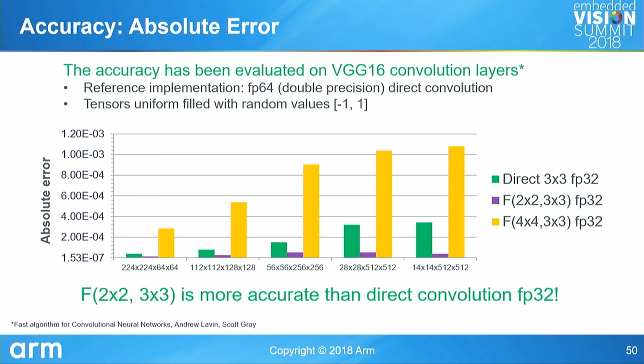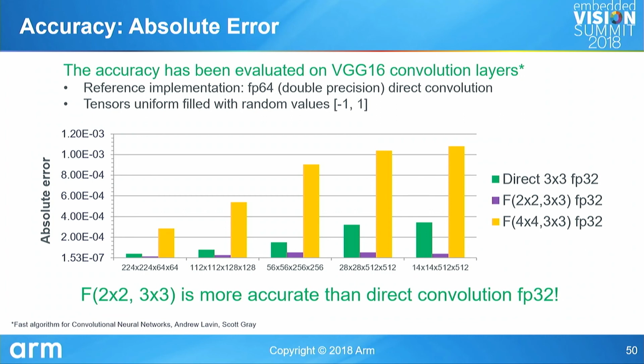The accuracy has been evaluated in two different ways. One, using a mathematical approach, evaluating the absolute error, and one, evaluating the accuracy for our networks.